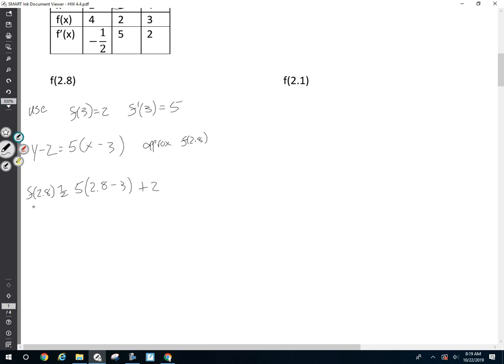So I get f of 2.8 is approximately 5 times negative 0.2 plus 2. 5 times negative 0.2 is negative 1.